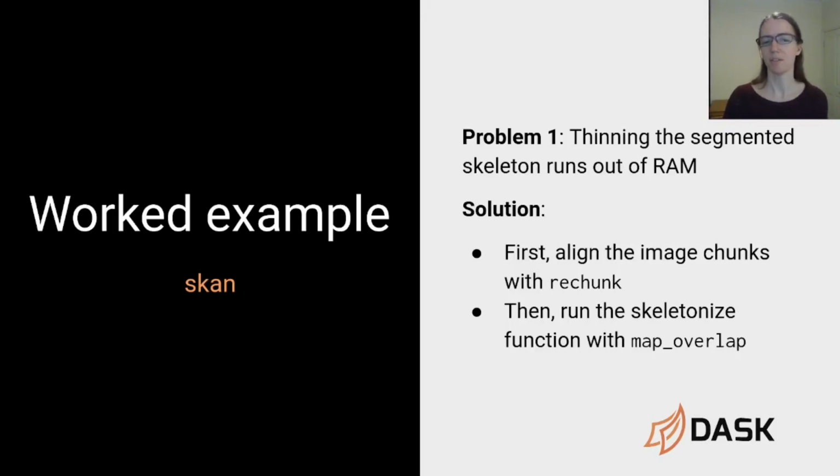There is a cost associated with rechunking like this, but in this particular case, I thought that the benefits definitely outweighed the downside. And the second thing I did to solve this was to run the skeletonize function using Dask's map_overlap. Now, so long as I've picked a reasonable chunk size, I shouldn't be running out of RAM anymore. It took a little bit of experimenting to find a good chunk size. That's something that's going to depend on the kinds of computational resources that you have available.